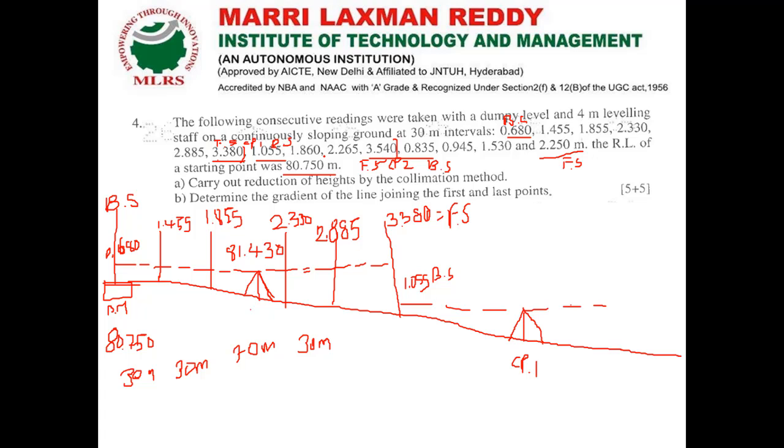The remaining points can be written in the intersight column: 1.860, 2.265, and 3.540.